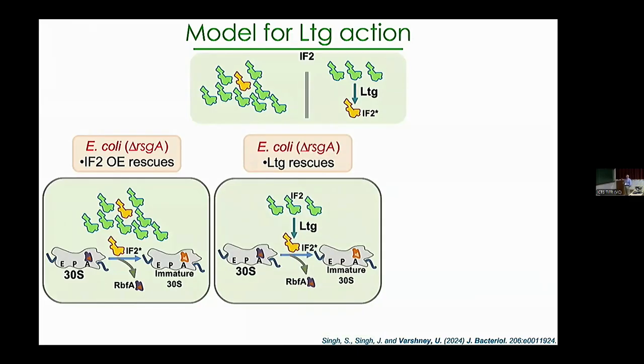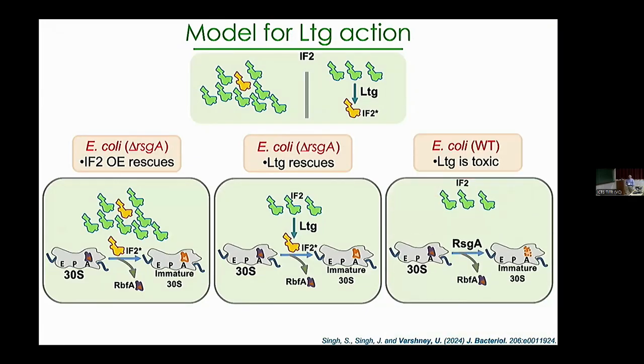When you have wild type E. coli without overproduction of IF2, lamotrigine will do the same thing and do this job. Now, in case of E. coli wild type, lamotrigine becomes toxic. That can be explained by considering that RSGA is already there, and RSGA is doing a pretty good job of removing RBFA from 30S and giving you 30S biogenesis.